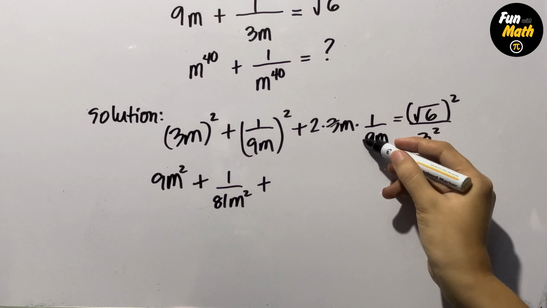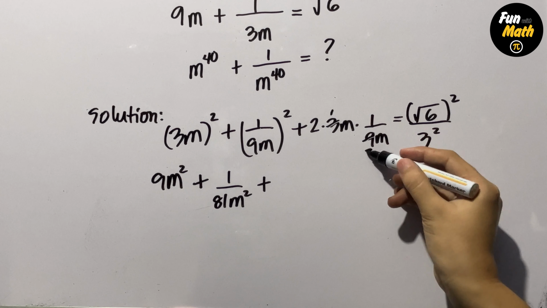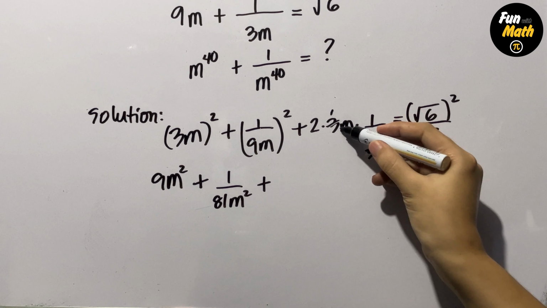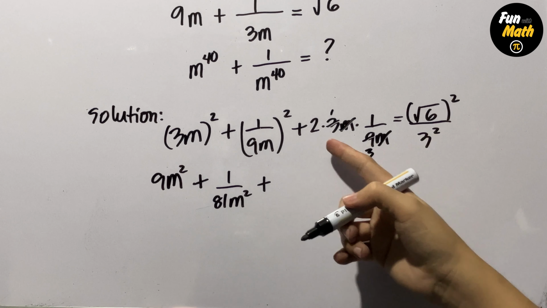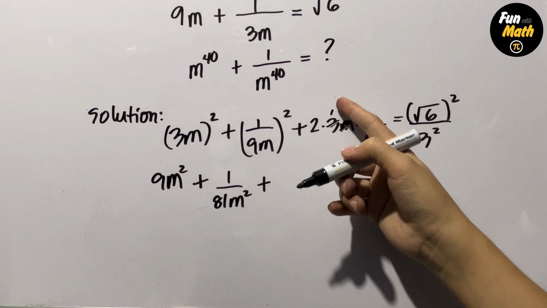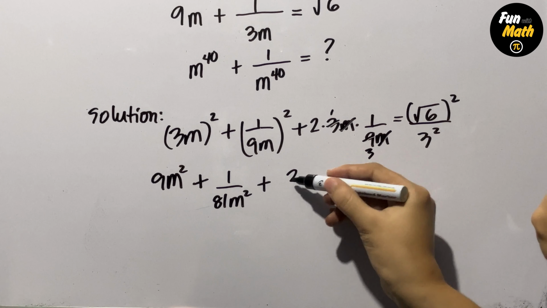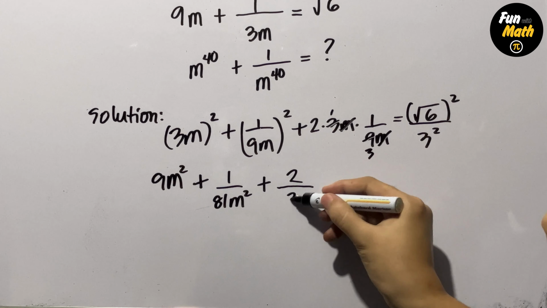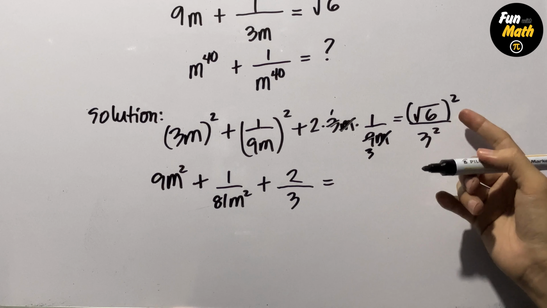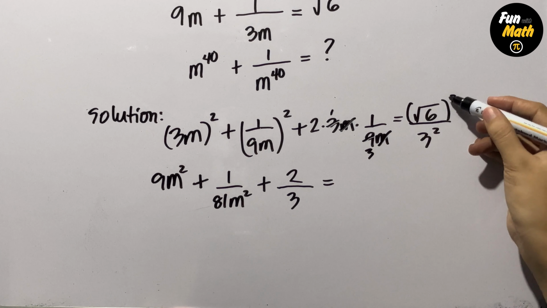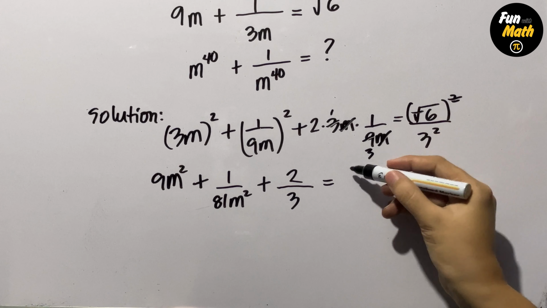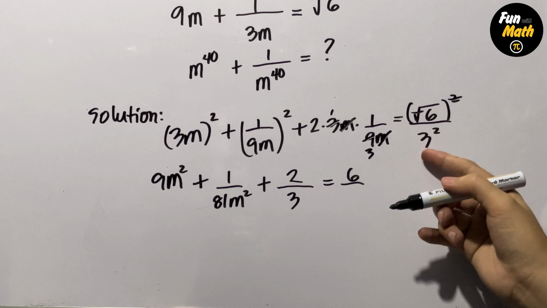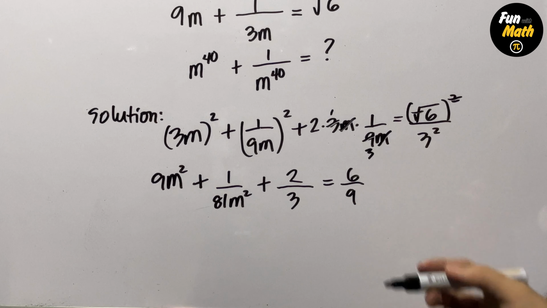For 3 and 9, this is 1 and this is 3, and we can cancel m over m. So we have 2 times 1 times 1, that's 2, over 3, equals, on this side, we can cancel the squared and the radical, so we are left with 6 over 3 squared, which is 9.